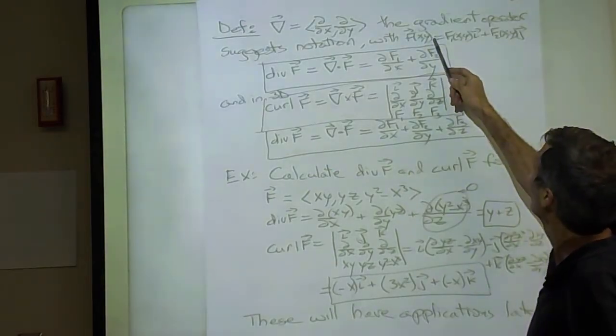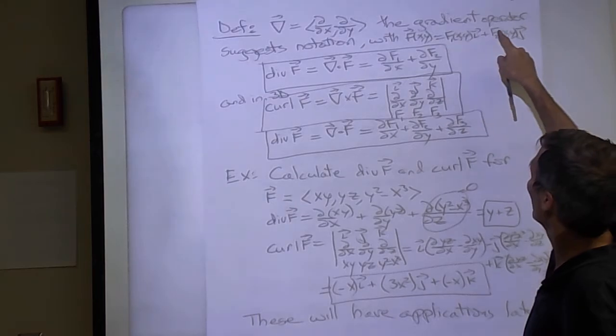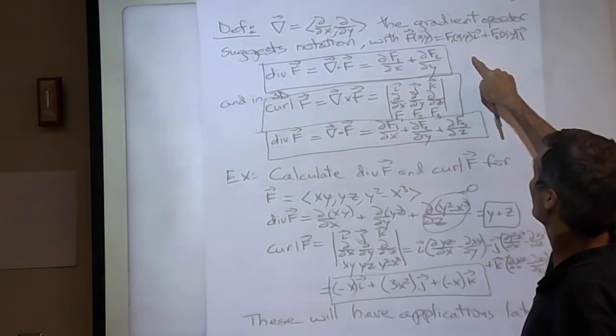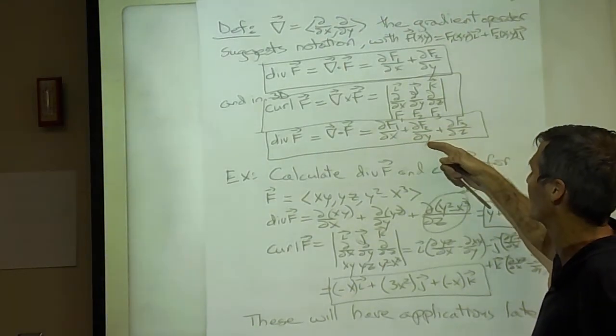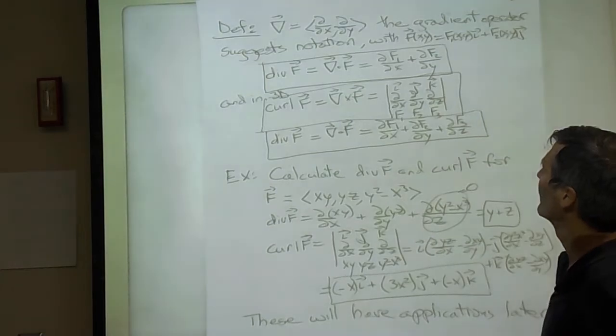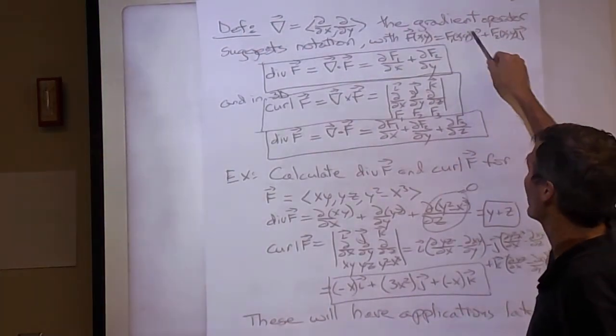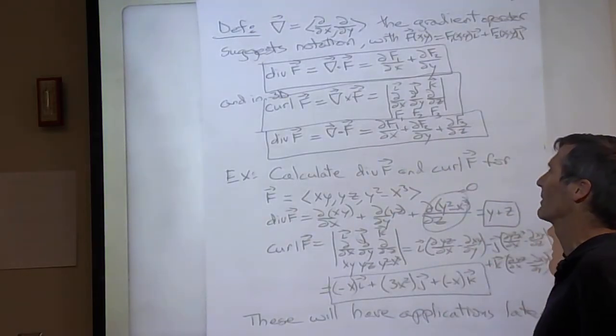Then f is f1 of xyz i plus f2 of xyz j plus f3 of xyz k. It'll have 3 components. You take df1 dx plus df2 dy plus df3 dz. It's very easy to do the divergence, right? Just partial with respect to x plus partial with respect to y in 2 dimensions, and one more just like that in 3 dimensions.